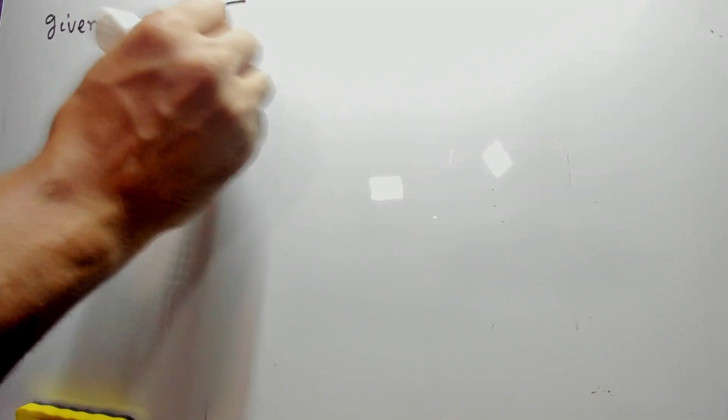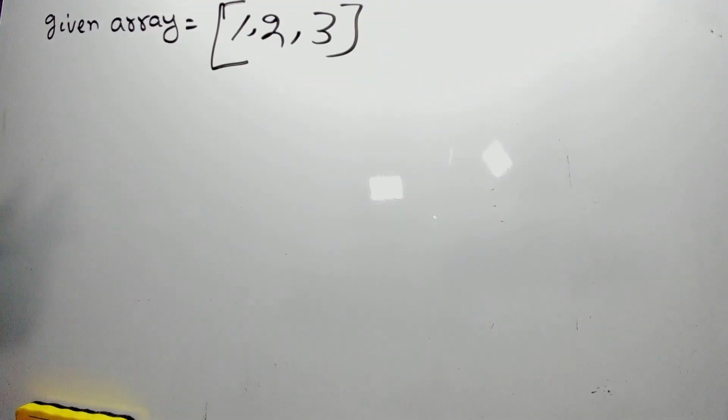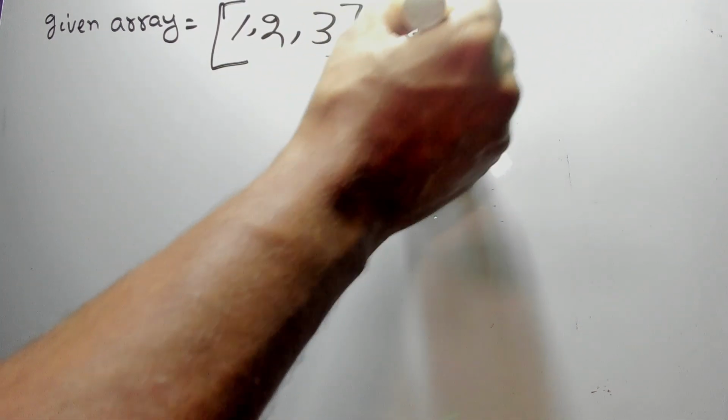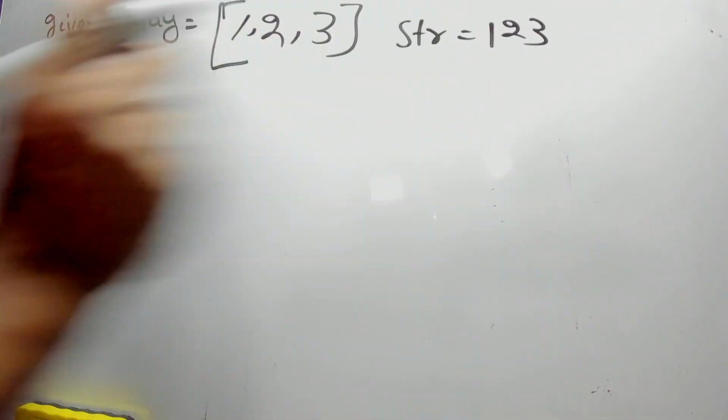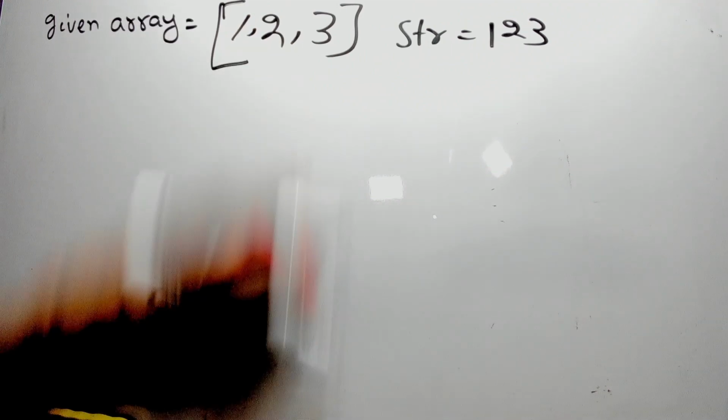Now, in our first example, the given array is 1, 2, and 3. Let me explain using a string first, then we're going to go for an array. So let's consider a string, let string equal to 1, 2, 3.